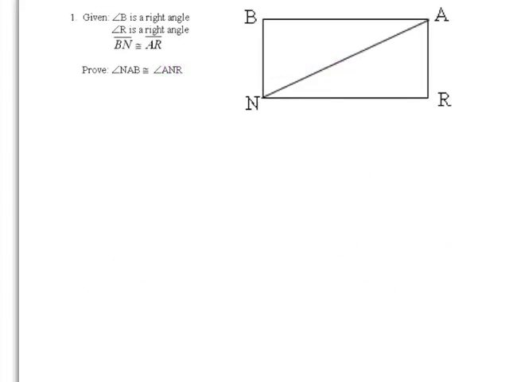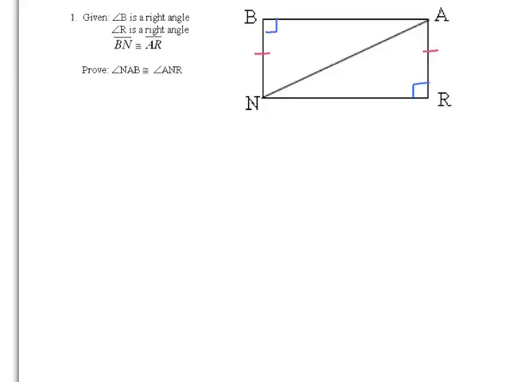In this first example, we're given that angle B and angle R are both right angles, and we're also given that segment BN is congruent to segment AR. And our job is to prove that angle NAB is congruent to angle ANR.